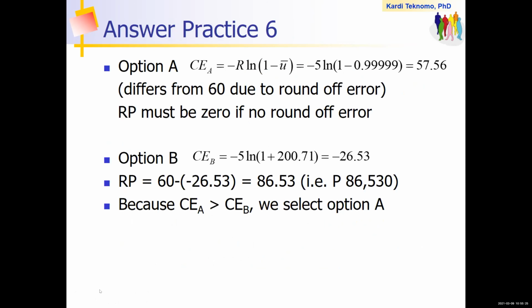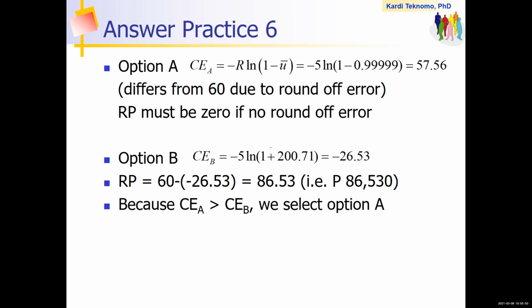Now, to compute that, okay, then you put into the CE here, the formula of CE for option A and option B. Okay. If you calculate here, you will get 57 for option A, and you will get negative 26 for option B. Okay.